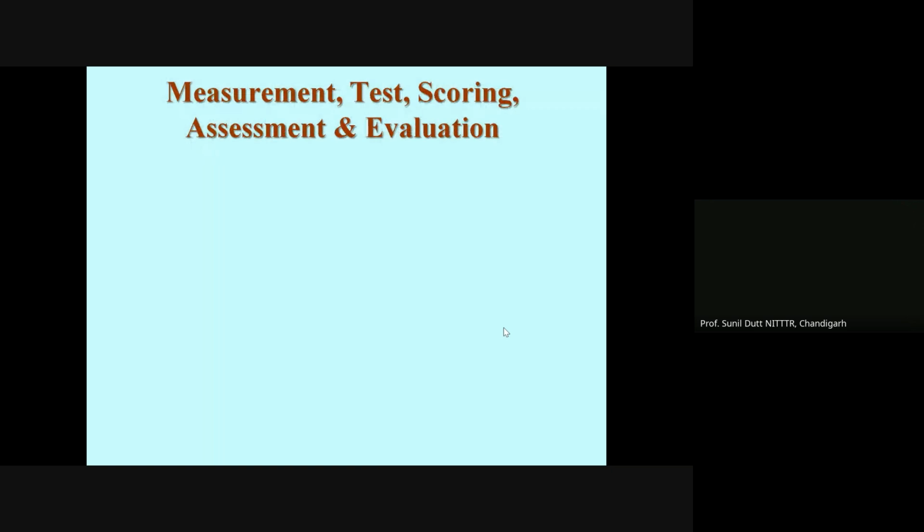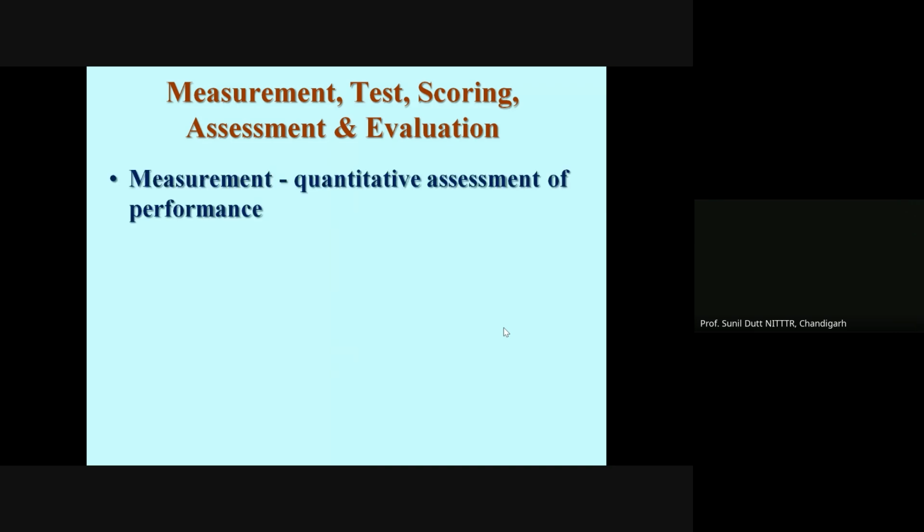So for this we need to understand the concept of measurement, testing, scoring, assessment, and evaluation. So, as a teacher, we need to know the specific difference between all these four, five terms. Firstly, it is the measurement.